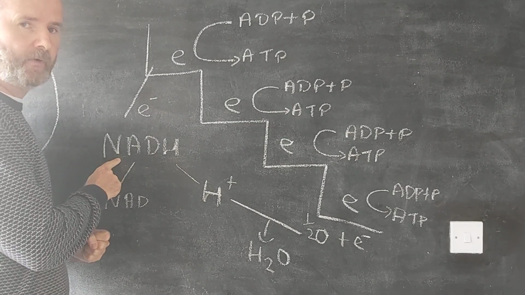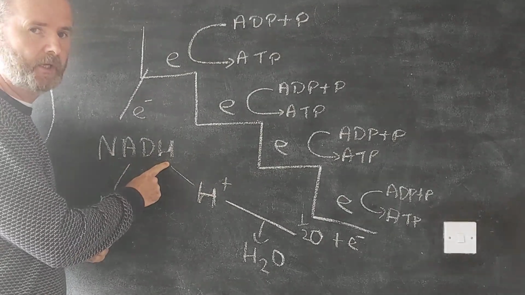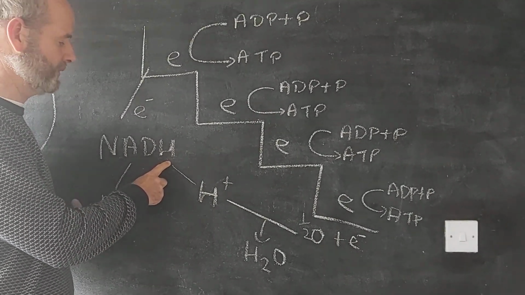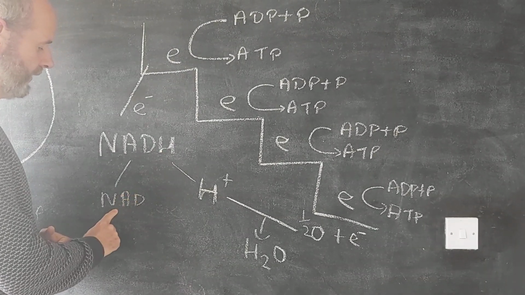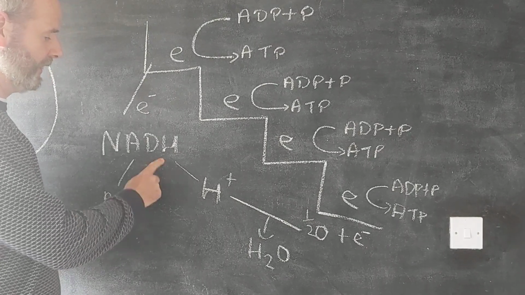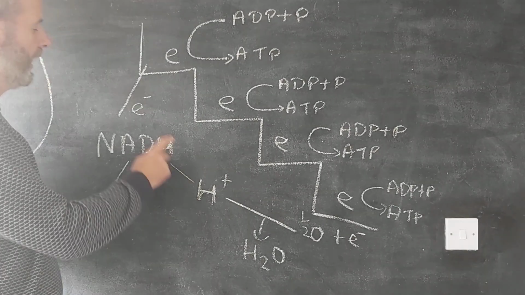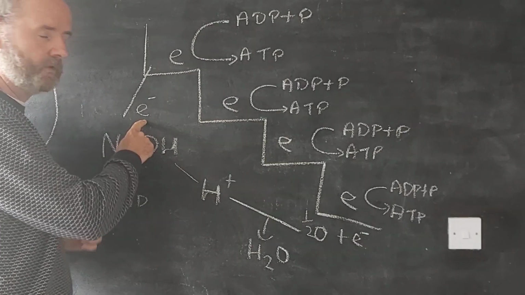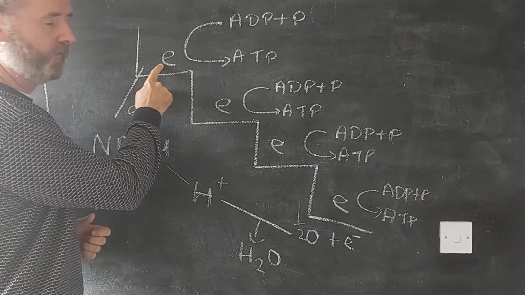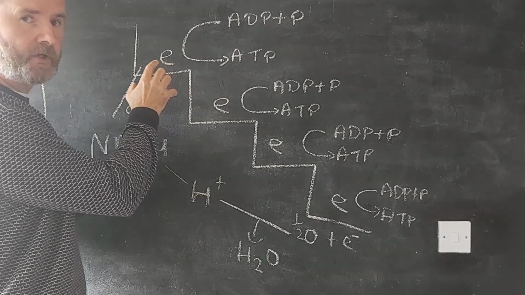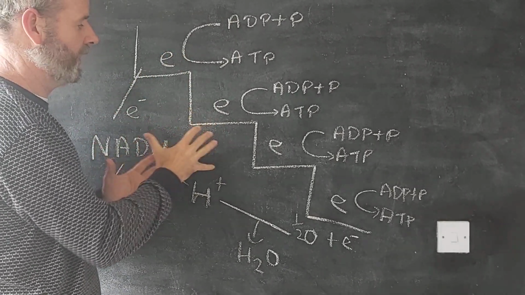This molecule called NADH, which was produced during the Krebs cycle, is broken down to NAD, to hydrogen, and more importantly, it also breaks down the electron. This electron then undergoes a number of reactions or carriers.